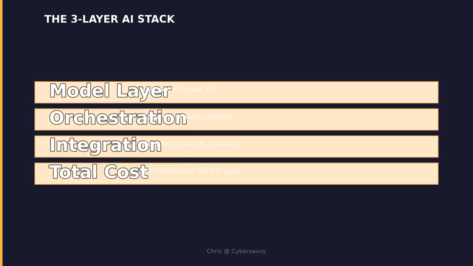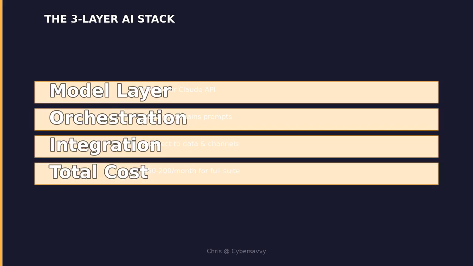For the model layer, OpenAI's GPT-4o is excellent for structured tasks like data extraction, classification, and generating formatted output. Anthropic's Claude 3.5 Sonnet and Claude 4 models shine at complex reasoning, long document analysis, and nuanced content creation. Most production systems actually use both.